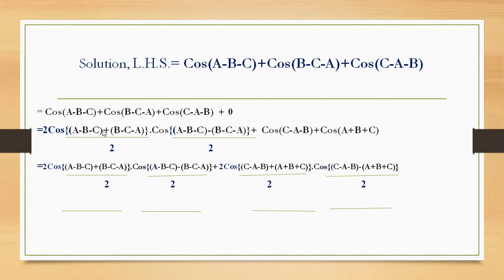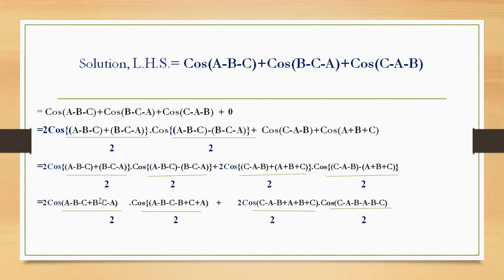Now when you remove the bracket, we will have this. The same terms with opposite signs cancel: minus a plus a will be cancelled, and similarly minus b plus b will be cancelled, and there remain minus c minus c, which adds up to minus 2c.